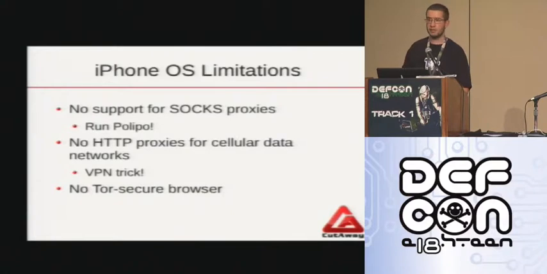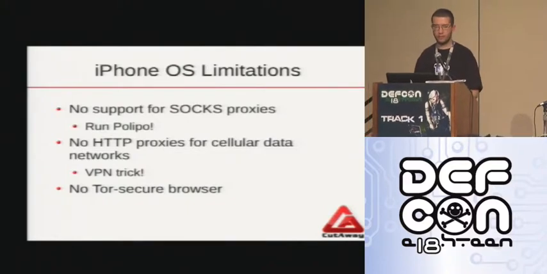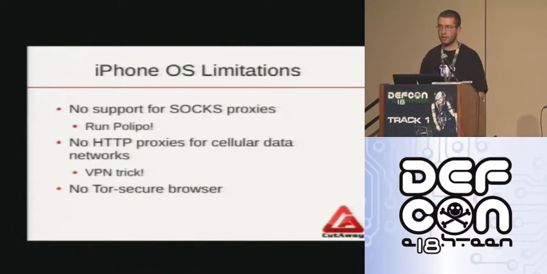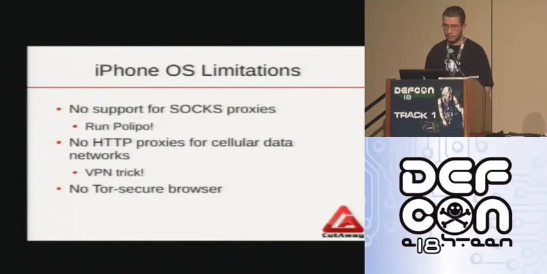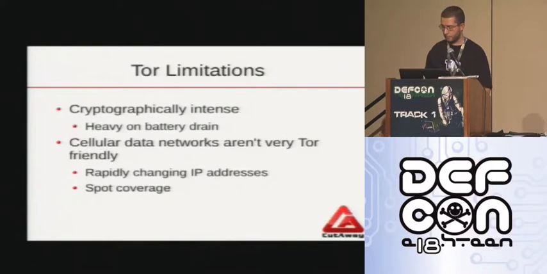You can set up an easily crackable VPN, and at the time when the iPhone recognizes that the VPN is running, it lets you choose a proxy, so you can do that. Another problem is that there isn't yet a Tor secure browser, meaning a browser which protects you from the privacy threats that browsing the internet poses to your privacy.